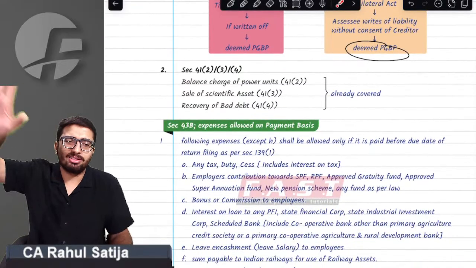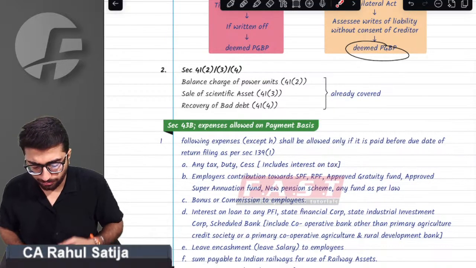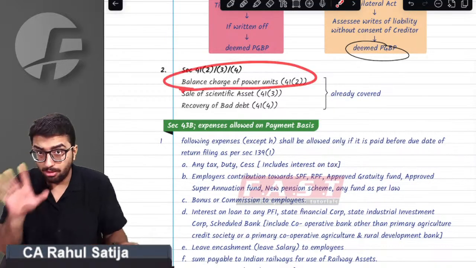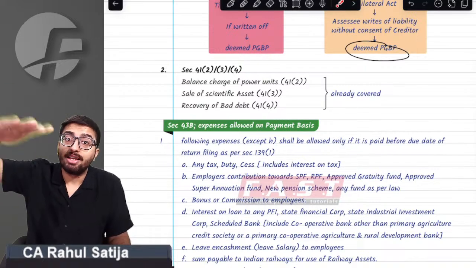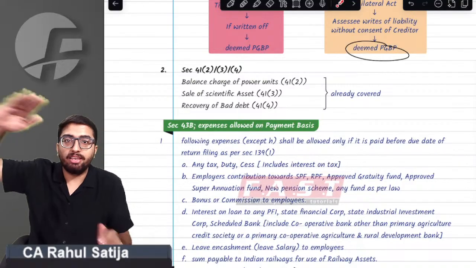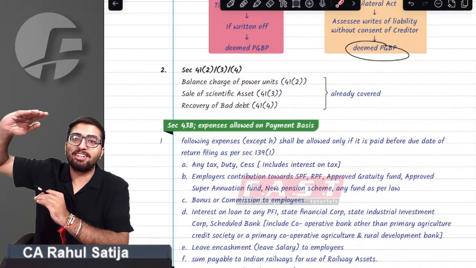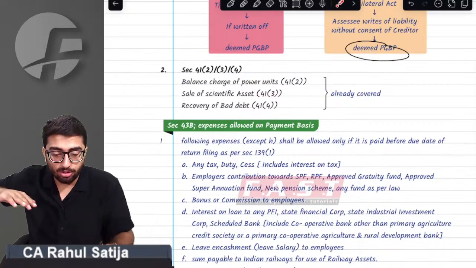If you remember, there was a balancing charge in case of power generating units. If in power generating units we sold the assets, then to the extent of cost, everything was taxable at PGBP. For example, 1,000 rupees was the cost, 900 was the WDV, and we are selling it at 950. Then whatever gain arose was PGBP.